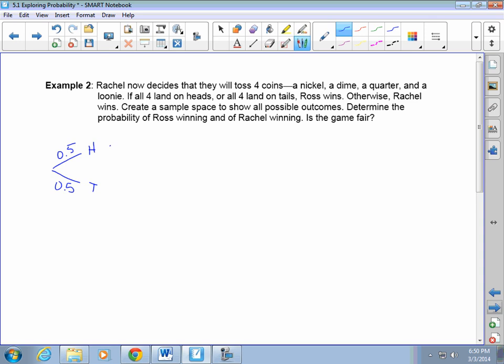On the second coin, we've got our heads and our tails, so you'd have 0.5 there, 0.5 there. If it had been a tails, then that coin toss would have been 0.5 or 0.5 for heads or tails.